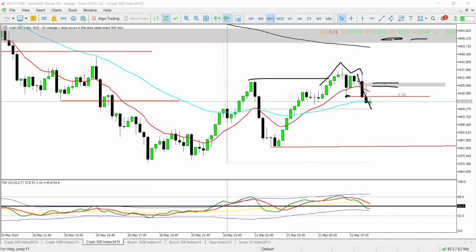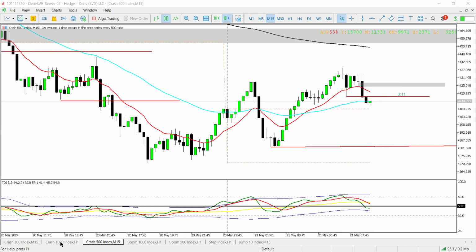If they respect this fair value gap and show signs of wanting to come down, then we can consider sells. But right now, this is our point of interest, and we have to patiently wait. If they decide to drop like this, that means they might not come up here. So we just use whatever they leave us in here to get a sell trade.